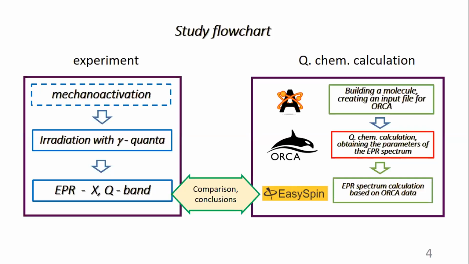Because it is assumed that irradiation with gamma quanta leads to the rupture of the C-H bond, hydrogen atoms in the structure of the calcium gluconate molecule bound directly to the carbon atom were successively removed, and for each case a quantum chemical calculation was performed.